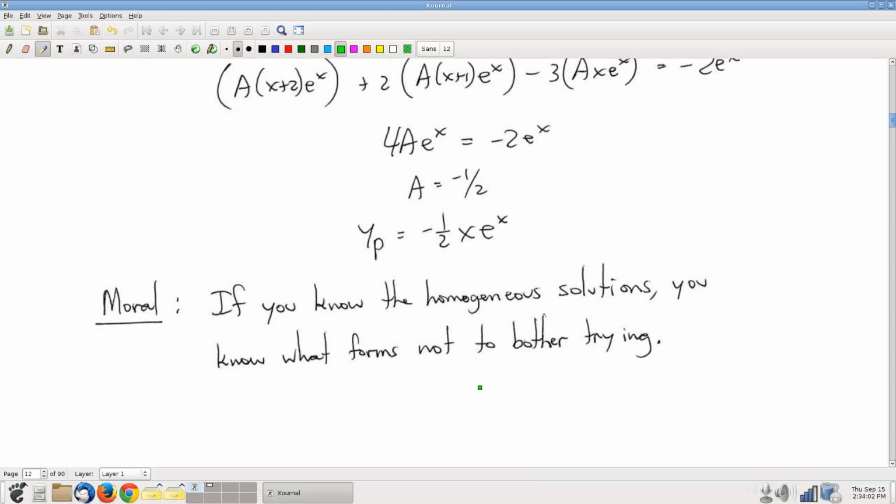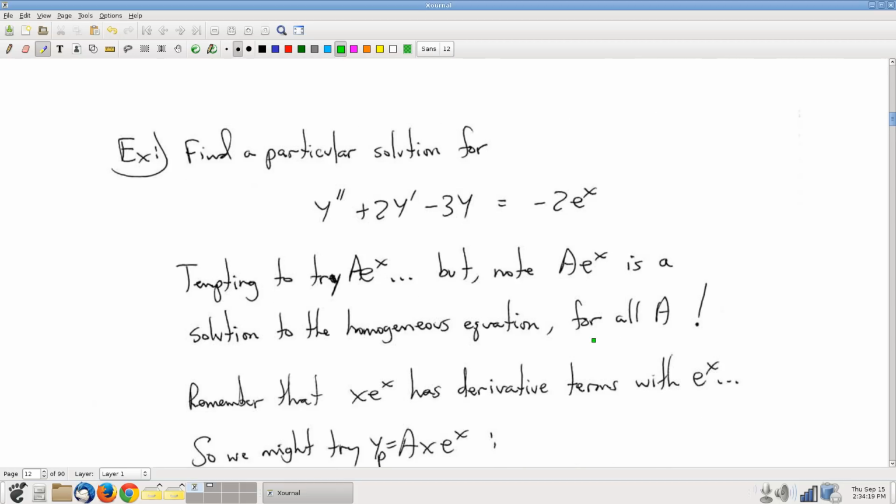Okay. So the moral of this story is, when you're looking for particular solutions, it's not going to have a chance if your guessed particular solution is already known to be a homogeneous solution. And let's say that a little bit differently. Coming back up to here, remember our characteristic polynomial was p of lambda equals lambda squared plus 2 lambda minus 3.